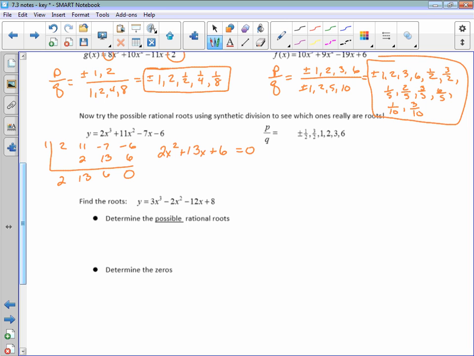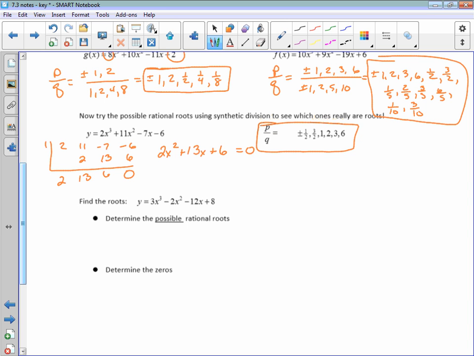So you would find P over Q first, then you do synthetic division, then you factor and solve. Sometimes all three of your solutions are in that list, so hopefully you would find one of the three fairly quickly.